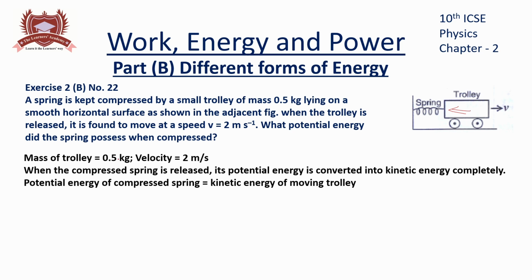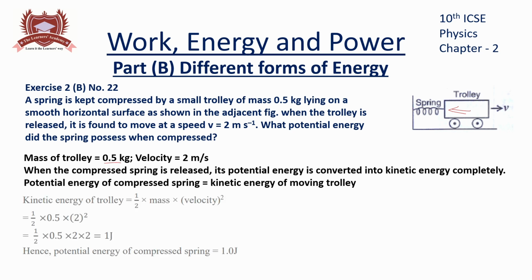So here mass of the trolley is 0.5 kilograms, velocity is 2 meters per second. Now when we use the force to compress, the spring is having potential energy. As soon as we release it, that potential energy is going to get converted into the kinetic energy. So potential energy of the compressed spring would be equal to the kinetic energy of the moving trolley.